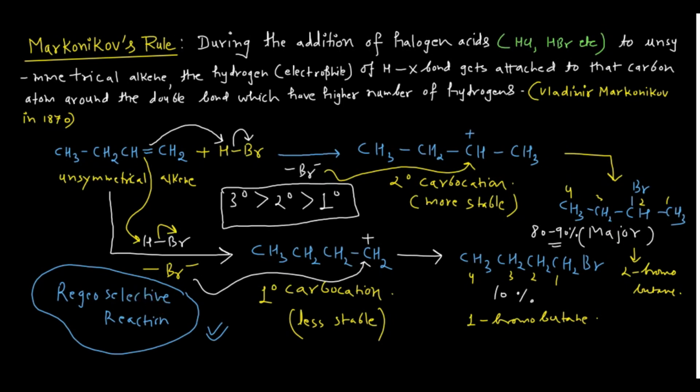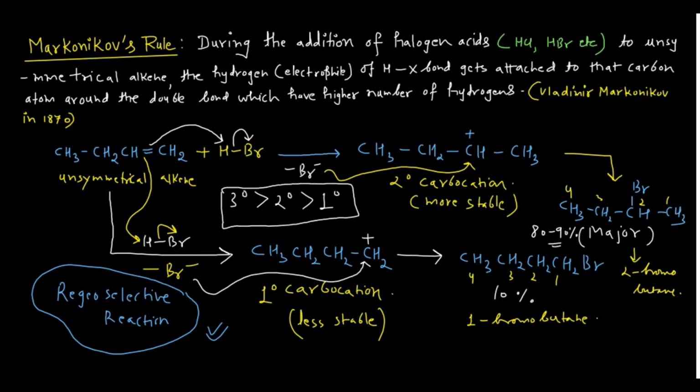So let us give a definition. I am not writing the definition, but you can listen carefully. Whenever in any reaction we are forming more than one product, and out of these products formed, one is the major and the rest are minor, and all these products are related as structural isomers, then such reactions are called regioselective reactions.